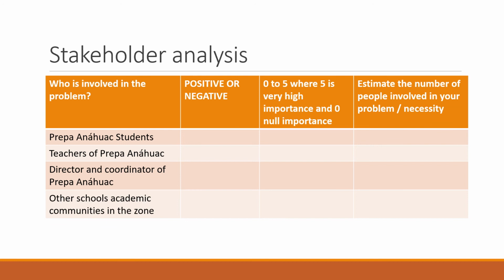Then you're going to select if it's positive or negative. And then the next column is 0 to 5, where 5 is very high importance and 0 null importance. So you will say, okay, in order to solve this problem, Prepanagua students are very important, so we are going to put a 5. In that way, you are going to prioritize and order your stakeholders from the most important to the least in order to solve the problem or to be engaged in a kind of participation or collaboration.